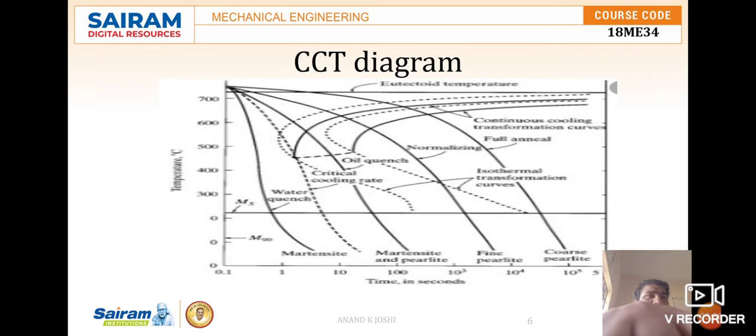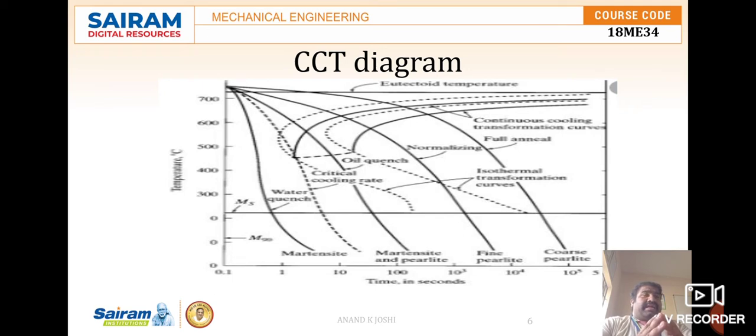This we can observe in this area. So from this diagram, what we understood is that for 0.8 percent carbon, for the structure to be entirely martensite, which shows the maximum hardness, the cooling rate must be faster than 140 degrees centigrade per second.